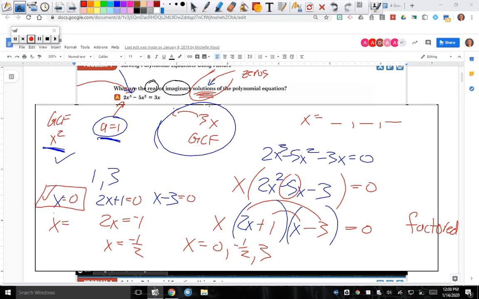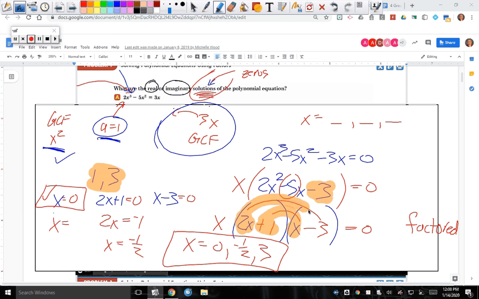Okay, yes? So the other factor, how did you get x minus 3? Because remember we were trying to find what factors would multiply to give me this negative 3 right here. And I had a 1 and 3. We just had to figure out where does the 3 and where does the 1 go. Because right here I have 1.